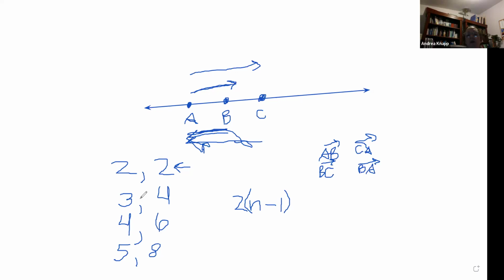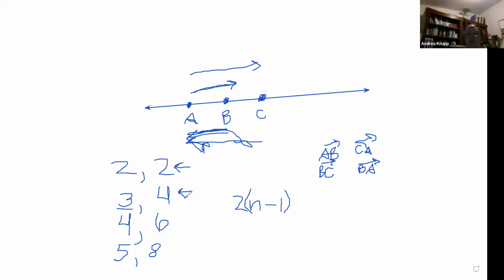Let's check the 3 and the 4. 2 times 3 is 6, that's too high. So if our n is 3, we could do 2 times 3 minus 1.